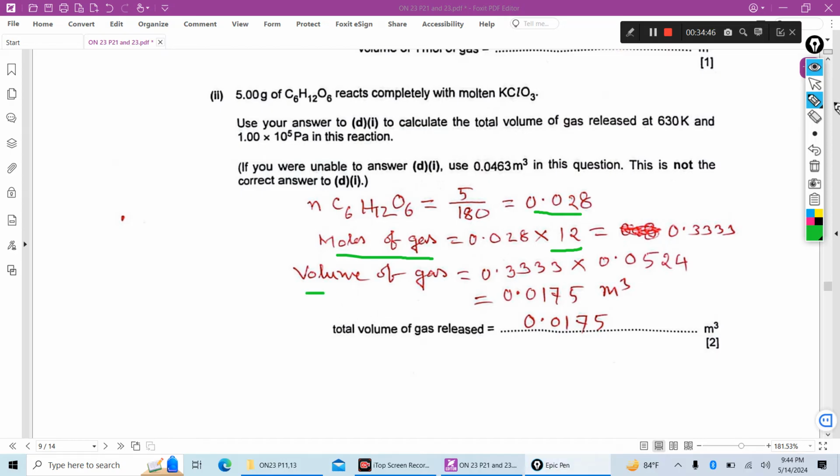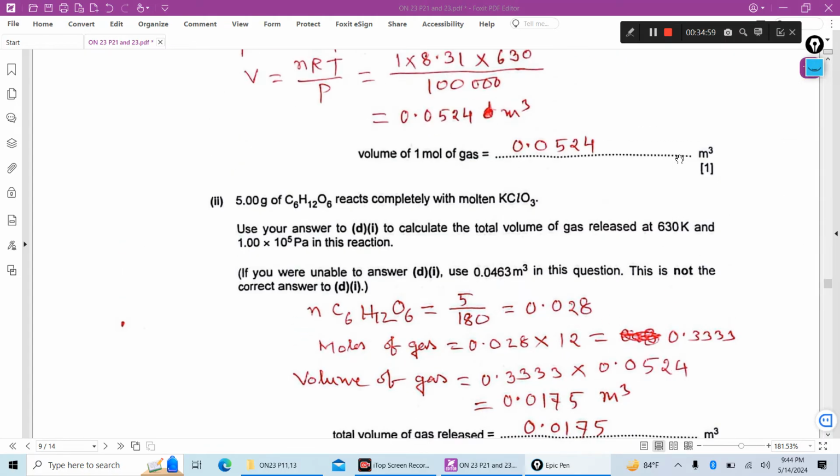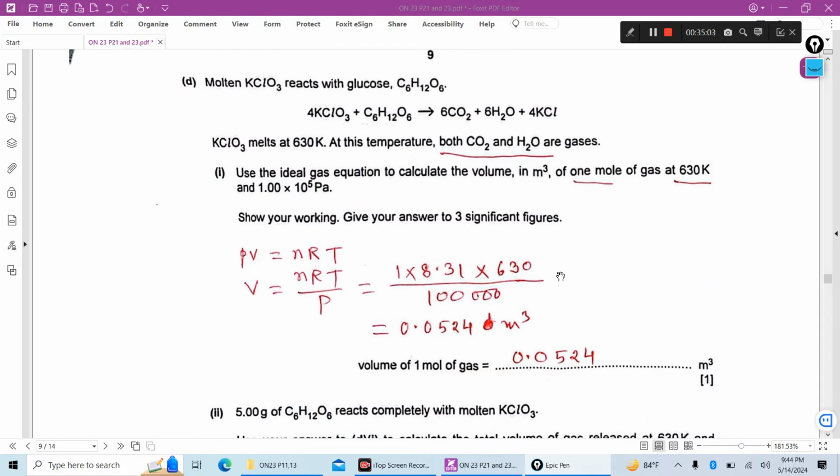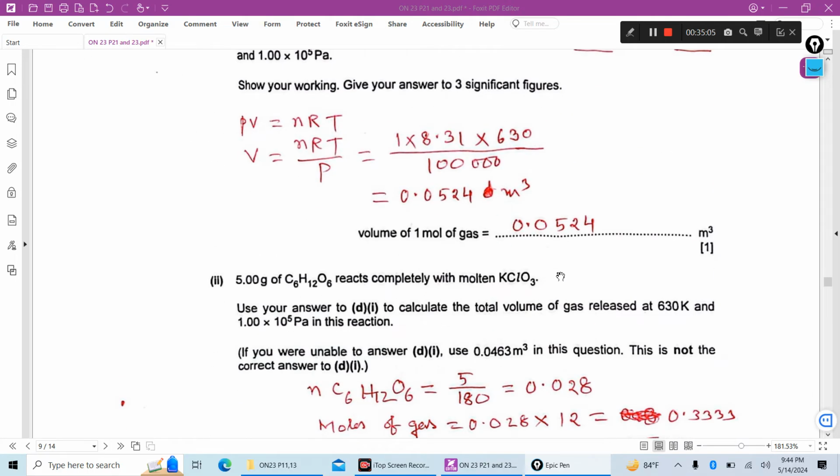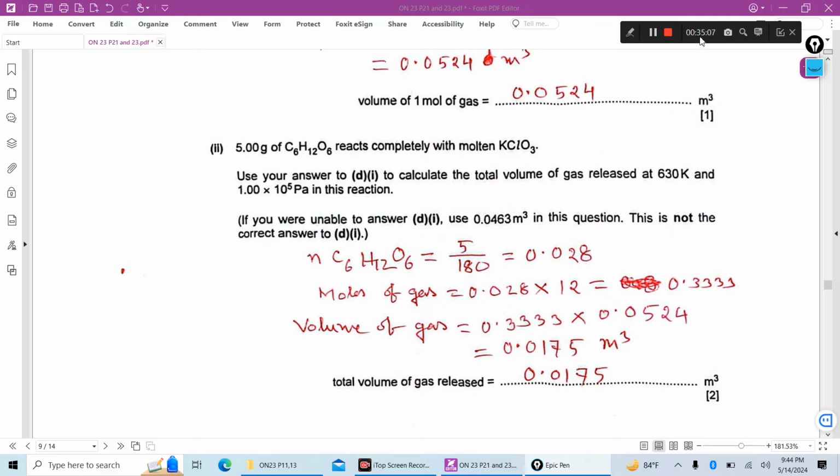Now volume of gas, number of mole into this. Okay, so moles of gas 0.028 times 12 this mole.